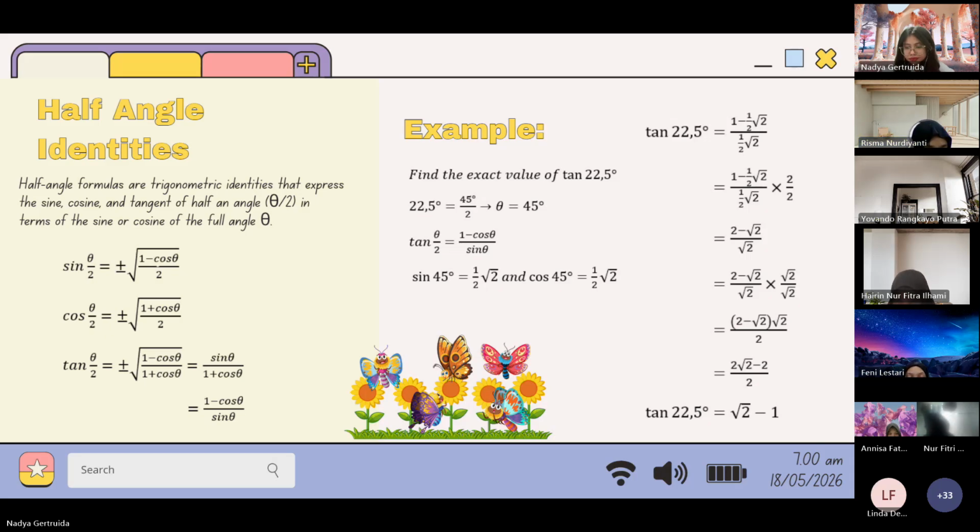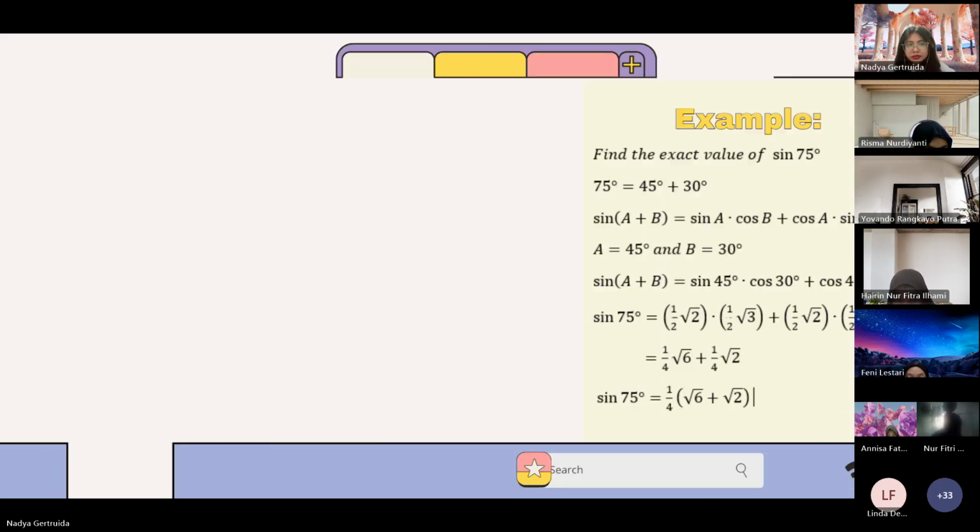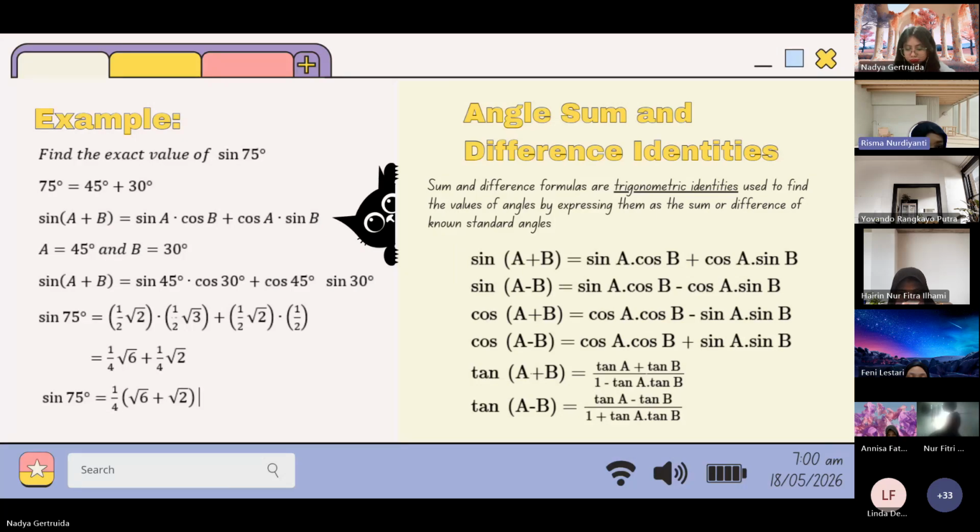Next. Okay, and the last is the angle sum and difference identities. These formulas are used to find the value of an angle written as the sum or difference of known angles.